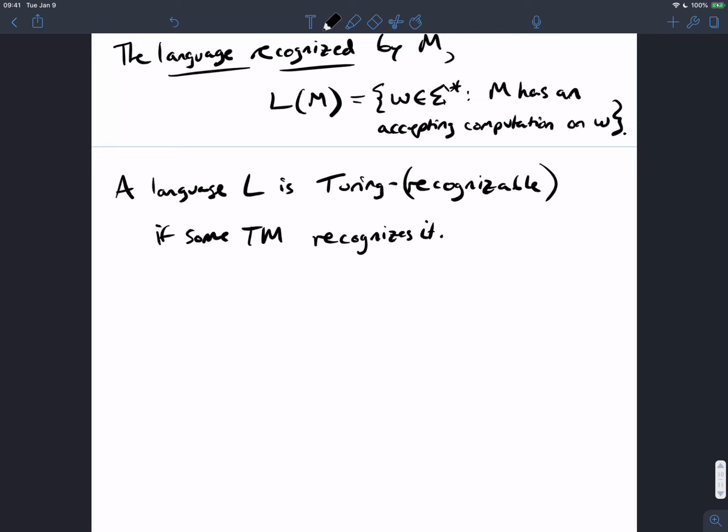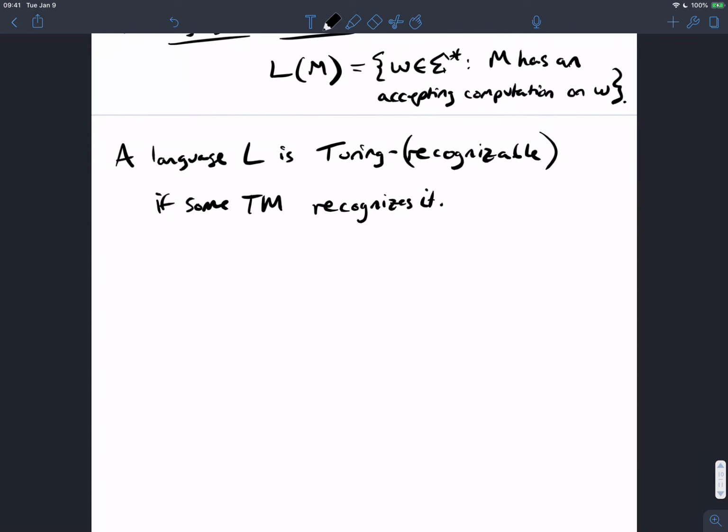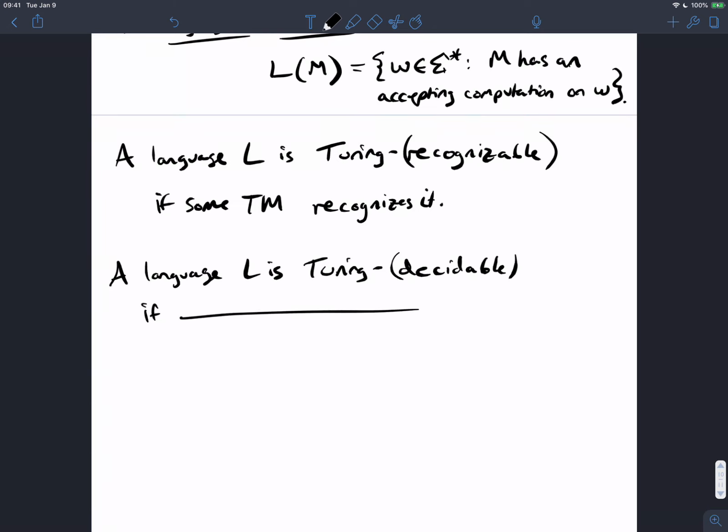So is it Turing recognizable? Yes. Good. So further, we have a language L is Turing decidable, or just decidable, if some Turing machine recognizes it and the TM always halts. So the machine always stops.